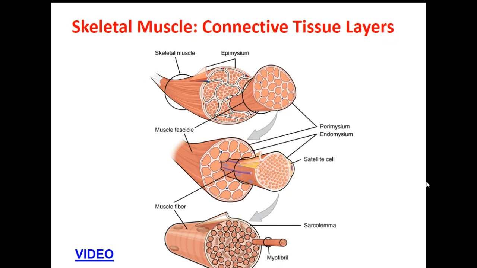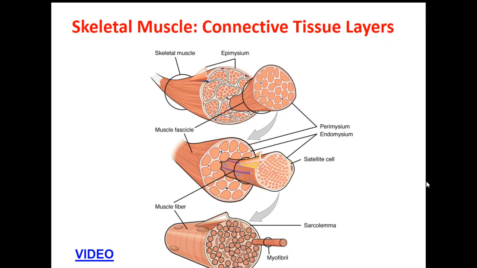Here we see an enlarged fascicle, and so this is one muscle fiber, one muscle cell, and these dots here are all section cuts through these myofibrils.